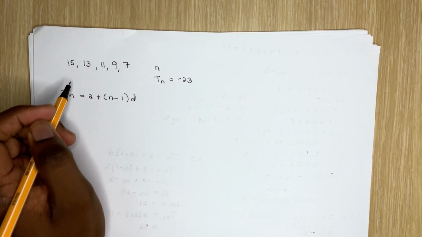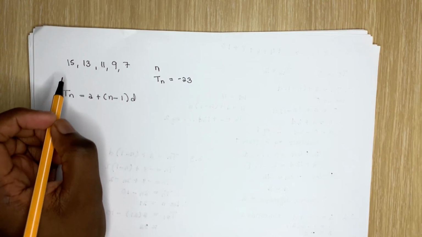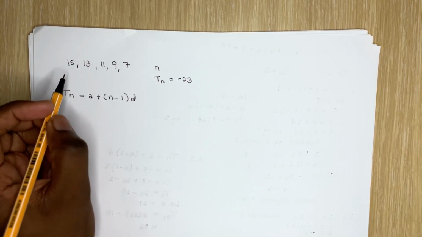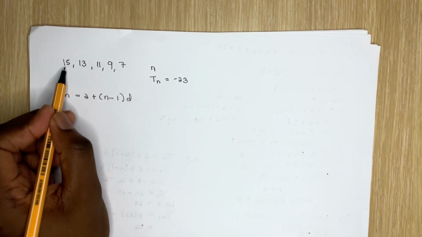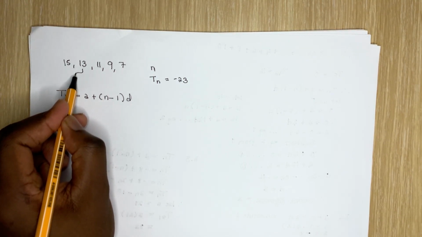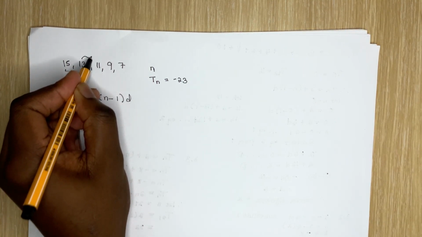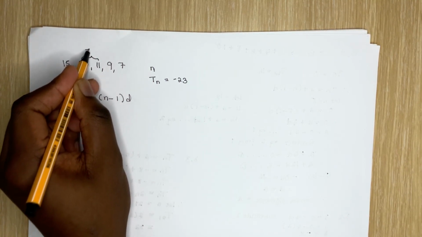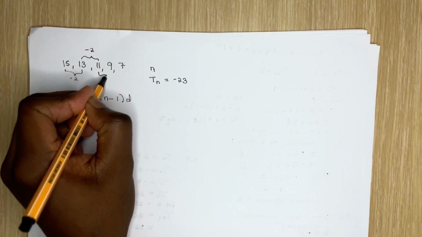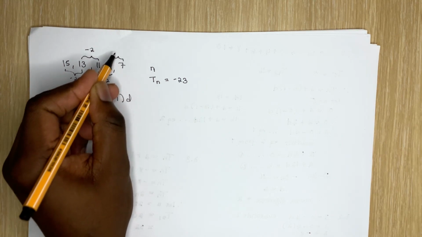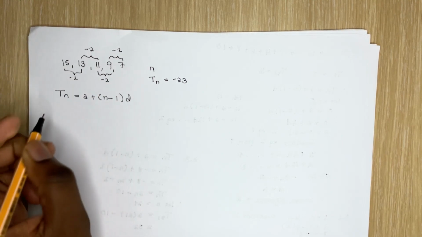And if you do that, you're going to find that the common difference is going to be negative 2. Okay, so 13 minus 15, that's going to be negative 2. 11 minus 13, again negative 2. 9 minus 11, negative 2. 7 minus 9, negative 2.